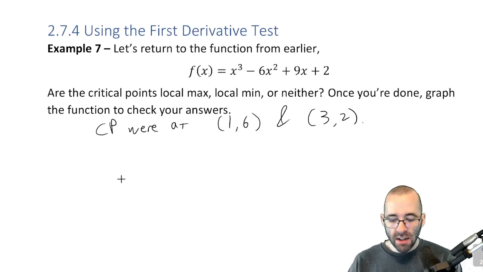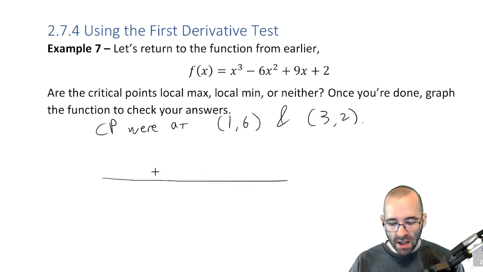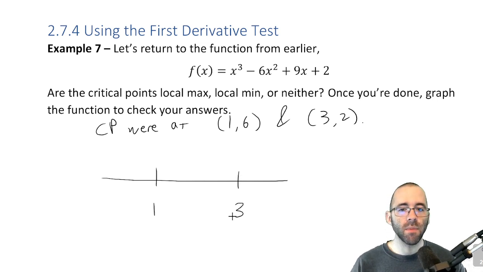So we're going to create a number line, okay? And we want to plot our critical points. Here's 1, and here's 3.